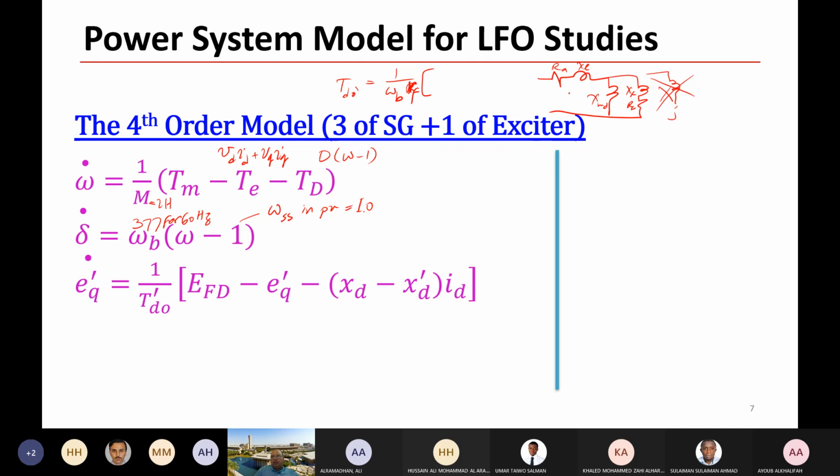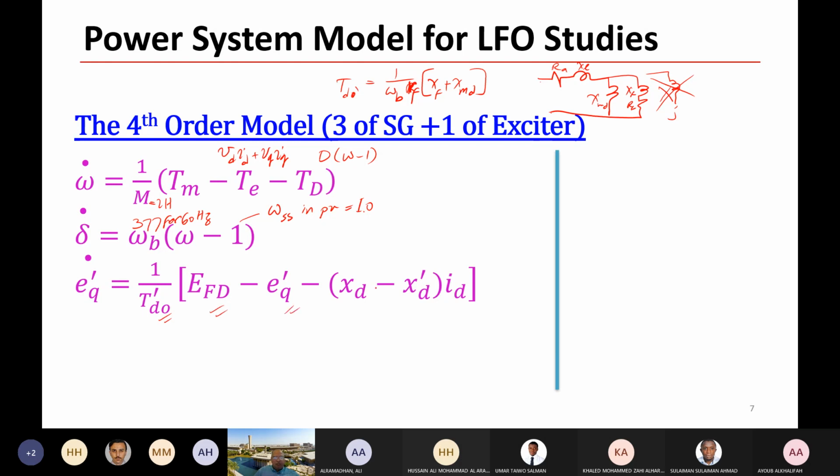So if the stator is open circuit, and the O here refers to the stator winding being open circuit, the equivalent reactance here is XF plus XMD. So this is TDO prime.